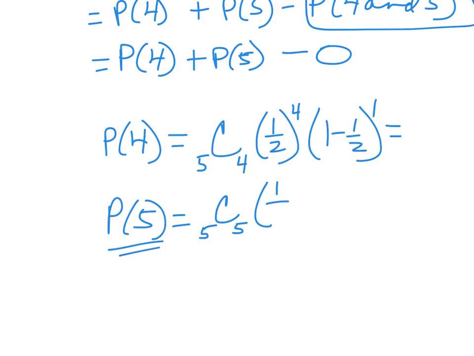Yep, probability of success is a half. Raised to what power? Yep, raised to the 5th. Times 1 minus a half, raised to what power? That's right, it is 5 minus 5, so it would be to the 0 power. Now if you remember from your algebra class, anything raised to the 0 power is equal to 1. So this factor back here is just going to simplify to 1.